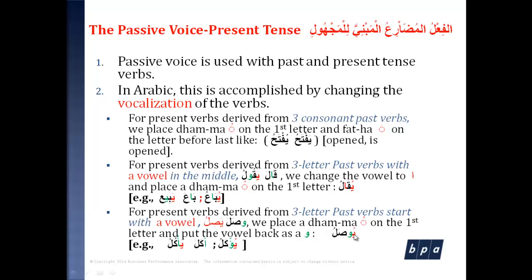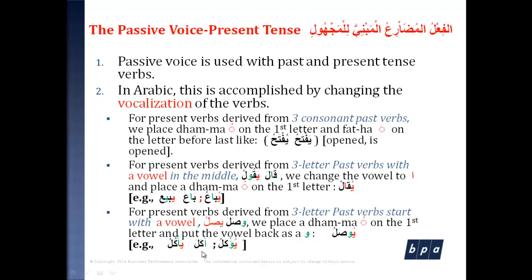So we place a dhamma in the beginning on the ya. We take the waw back into the verb, and then the sad takes a fatha, following the same example that we said here. Always the letter before last has to have a fatha if it's a regular letter. And here it's a regular letter, so it has to have a fatha. So yasilu goes back to yusalu.